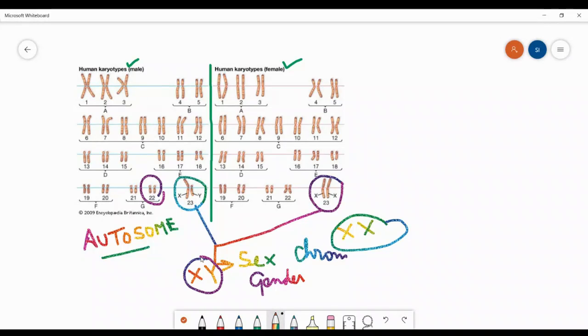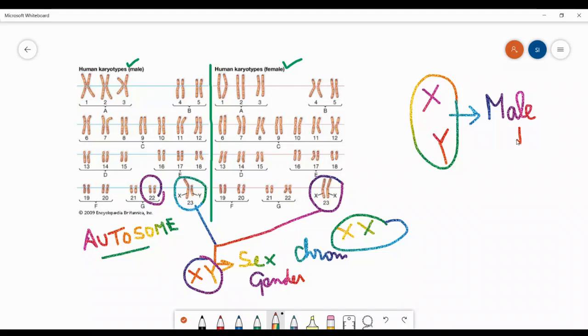What is the X and the Y? These are also chromosomes. So there is an X chromosome and there is a Y chromosome. So males have both X and Y chromosome. That is what makes a male, and that is what makes all the male hormones.